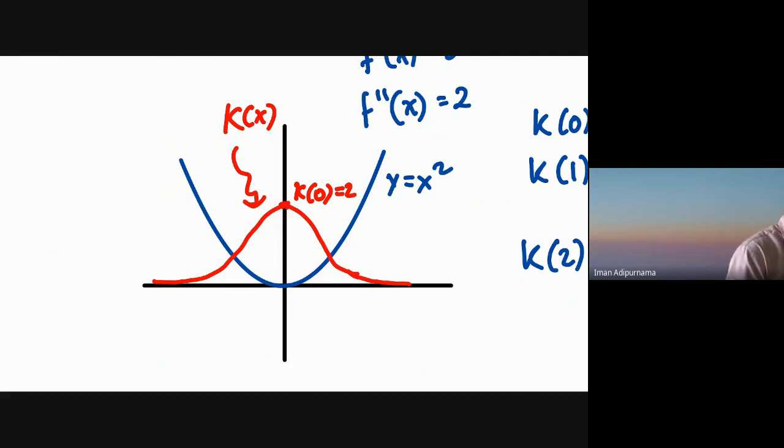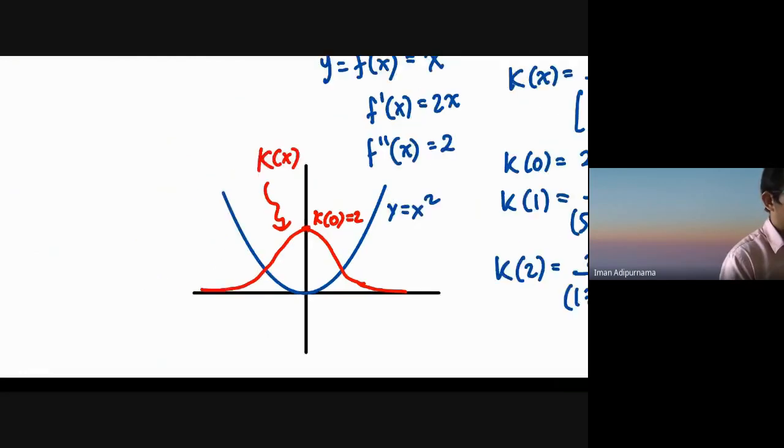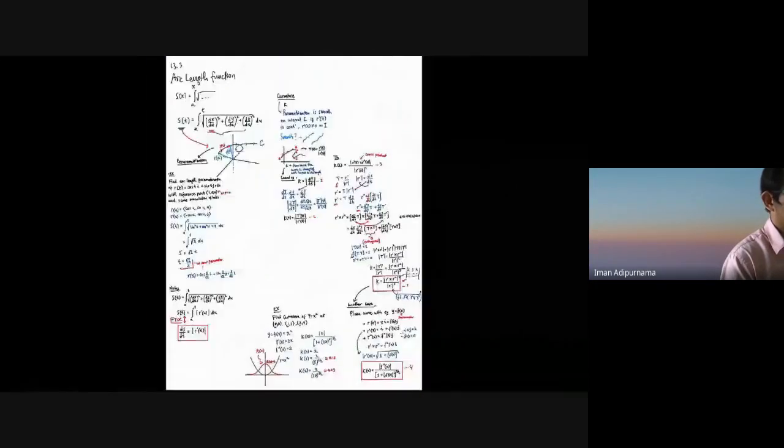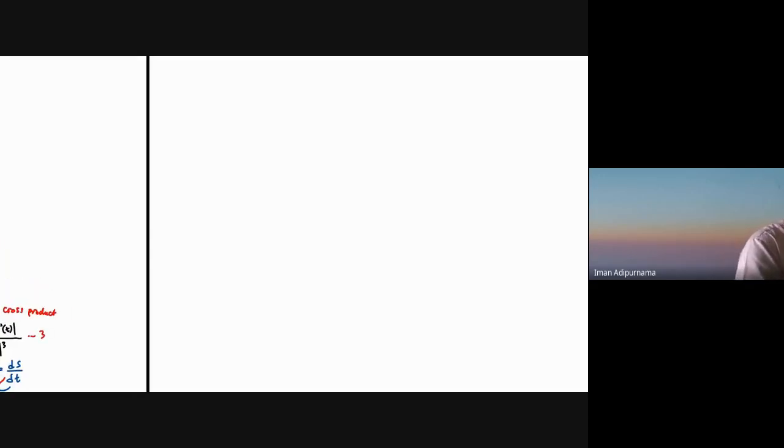The next one is still related to the tangent vector. It's called the normal and binormal vectors, and this will start getting a little bit complicated. Let's start from the normal vector.